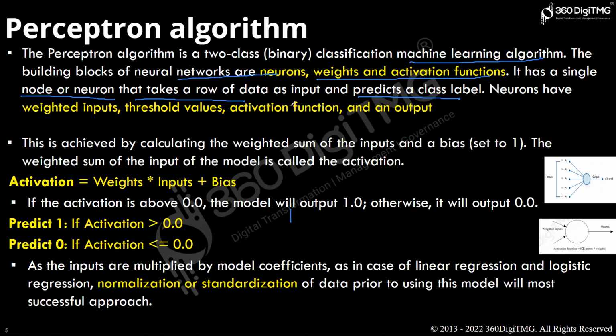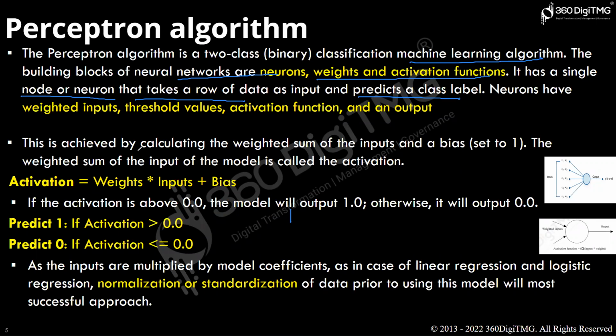In machine learning, the perceptron is an algorithm for supervised learning of binary classifiers. A binary classifier is a function which can decide whether or not an input, represented by a vector of numbers, belongs to some specific class.